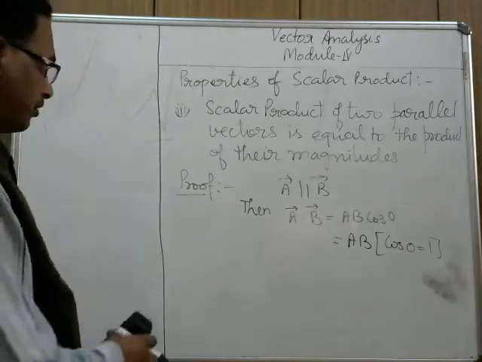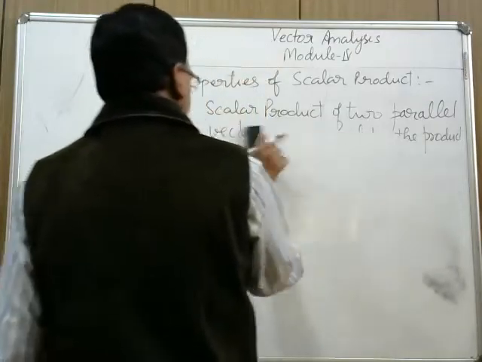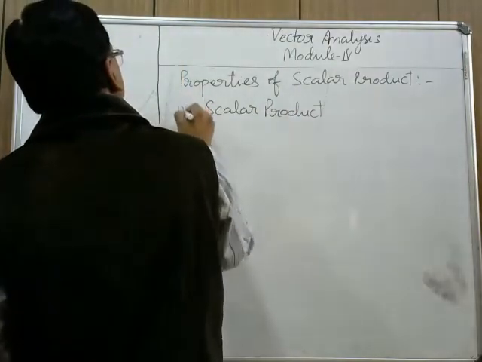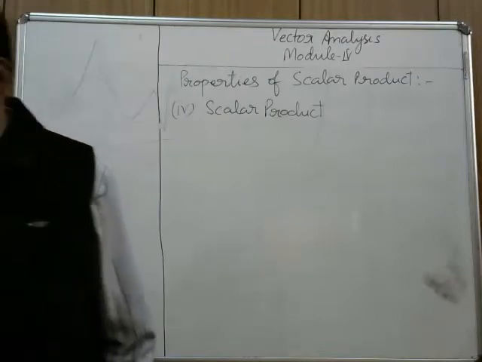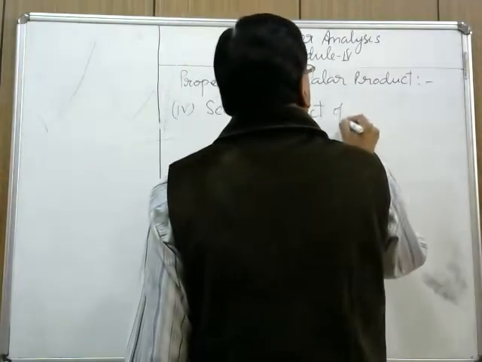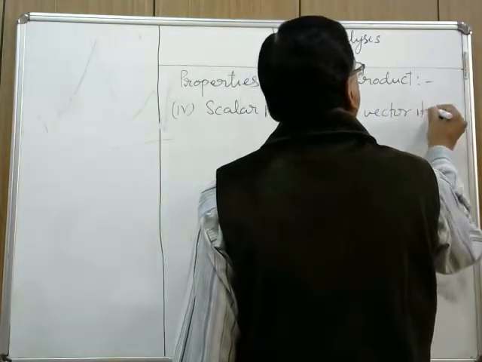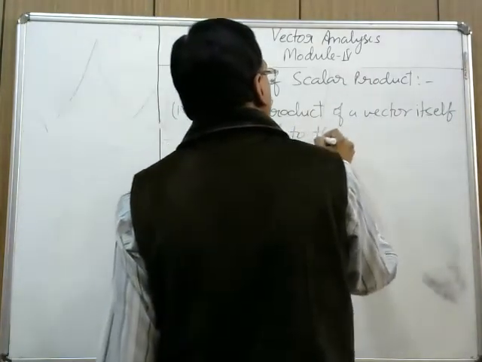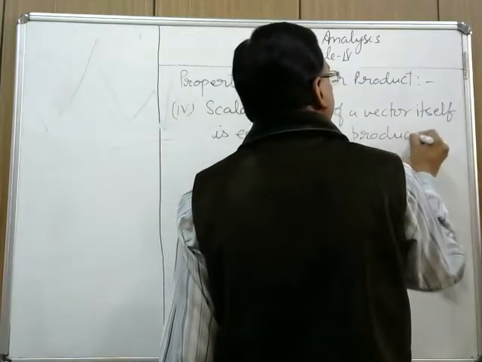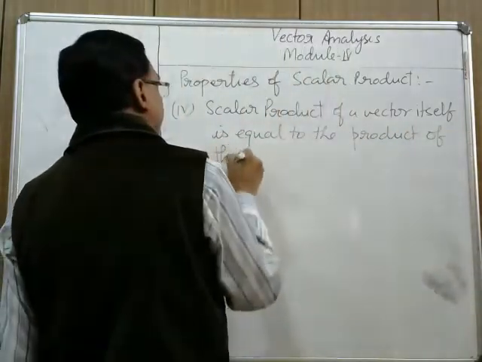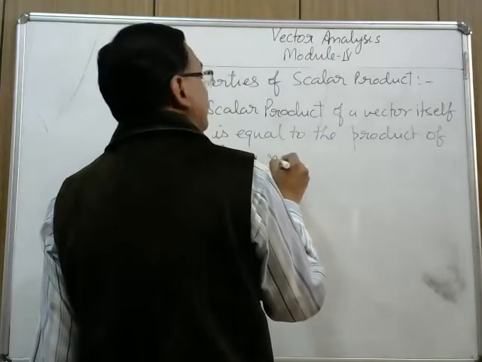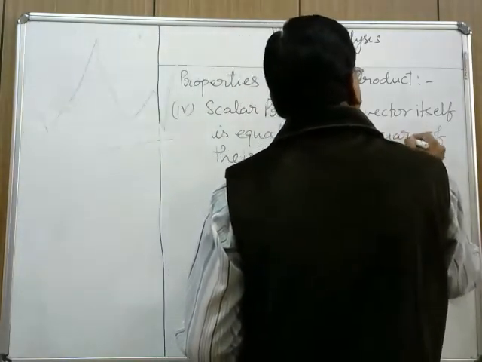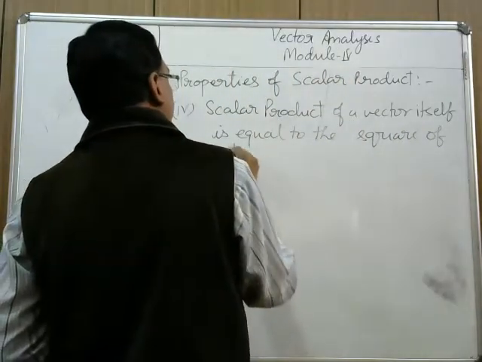Now, fourth property. Scalar product of a vector with itself is equal to the square of its magnitude.